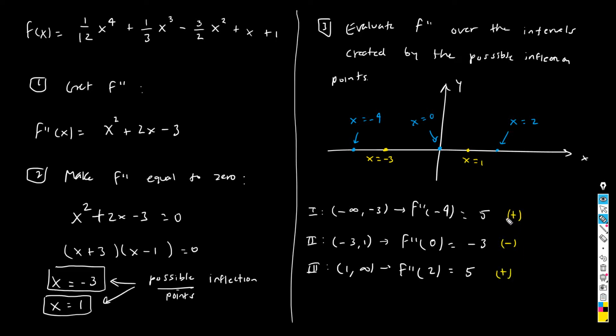So that means that in fact my function is changing concavity as it goes through the intervals. In this interval, it's concave upwards. In this interval, it's concave downwards. And in this final interval, it's concave upwards again.